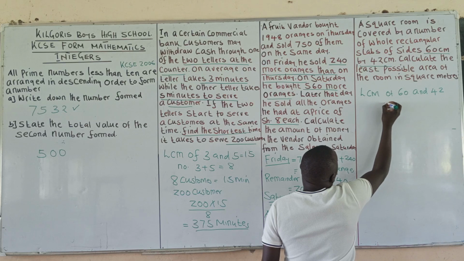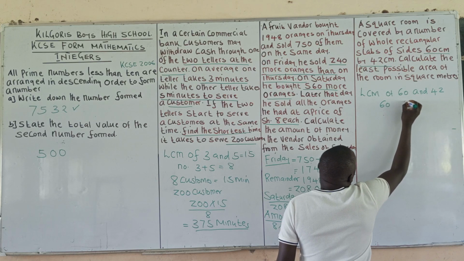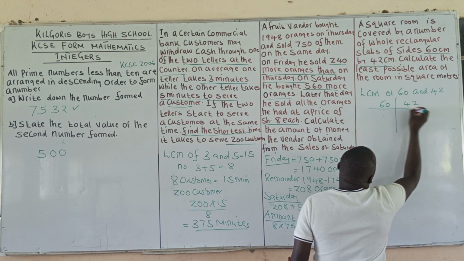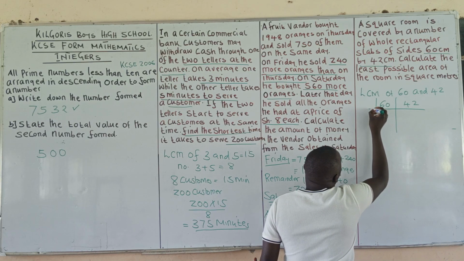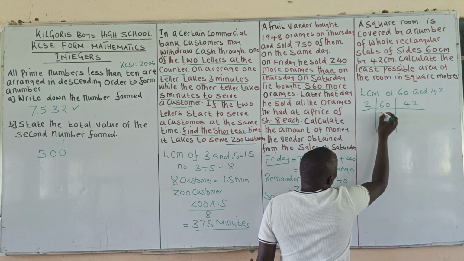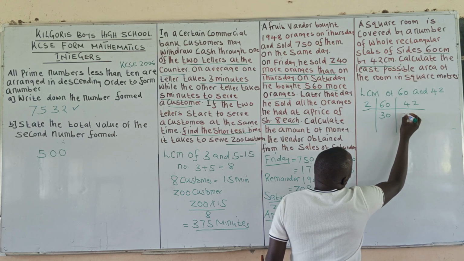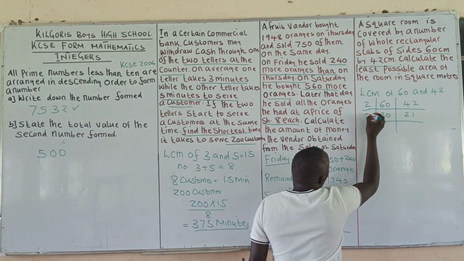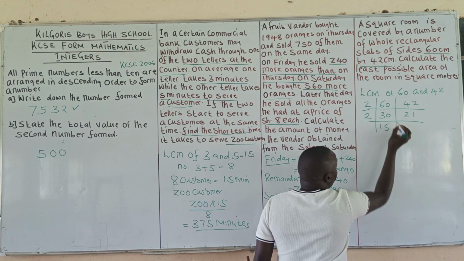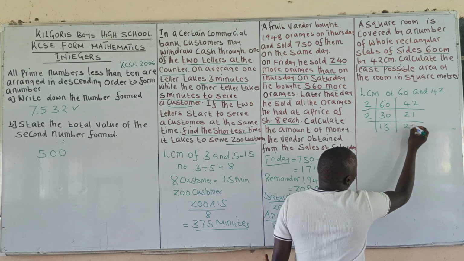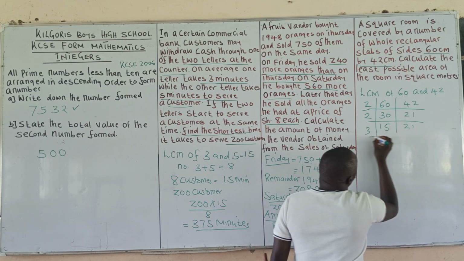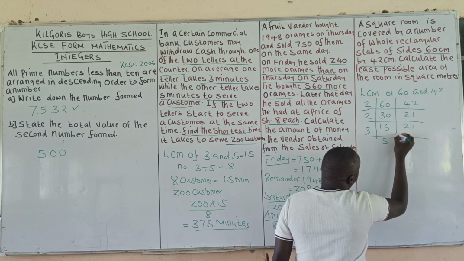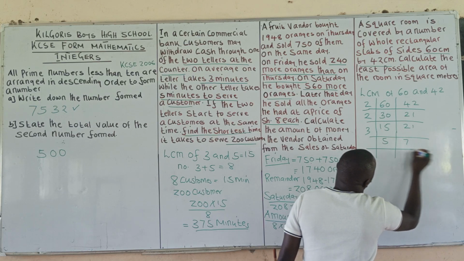So we can have our LCM of 60 and then we have 42. So you find the LCM of the two. The least number, we have 2, which can divide this one; this one is 30 and 21. Then we have 2, this is 15 and 21. Then 3, which can divide this one, 5 and 7.